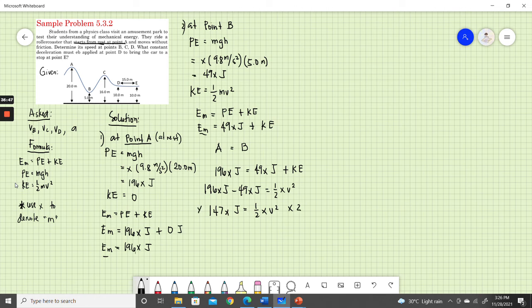Multiply both sides by 2, this cancels the 2, and then divide both sides by x to cancel the x.